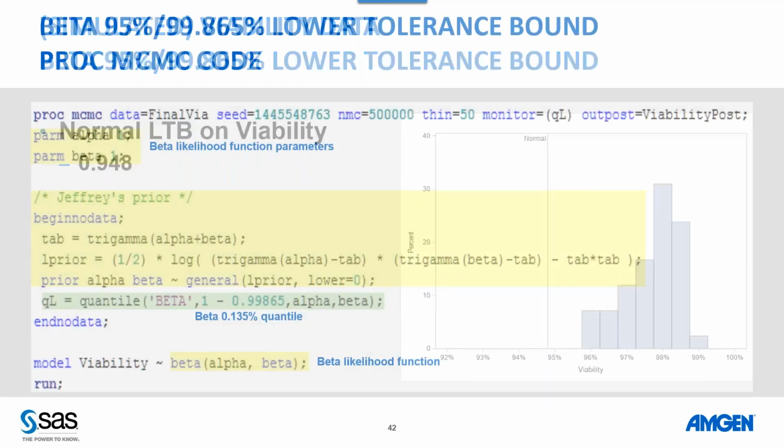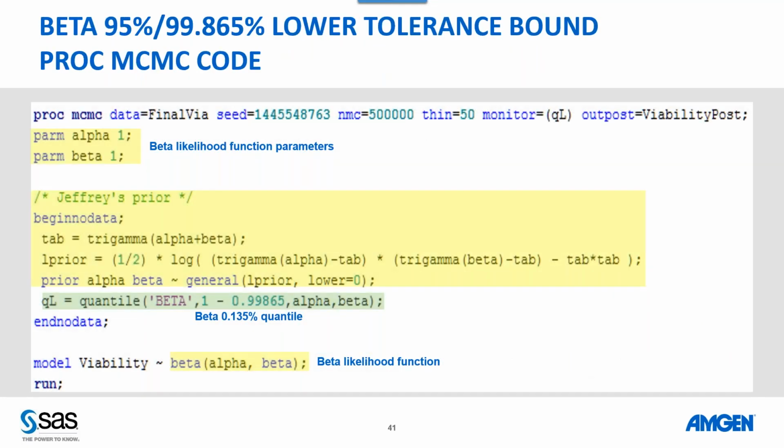So the question is, why is there this begin no data and end no data block where all the prior definition is in the code between them? This requires a bit of understanding of how PROC MCMC works, or SAS works in general. There is a final data set, and SAS by and large evaluates observation by observation.